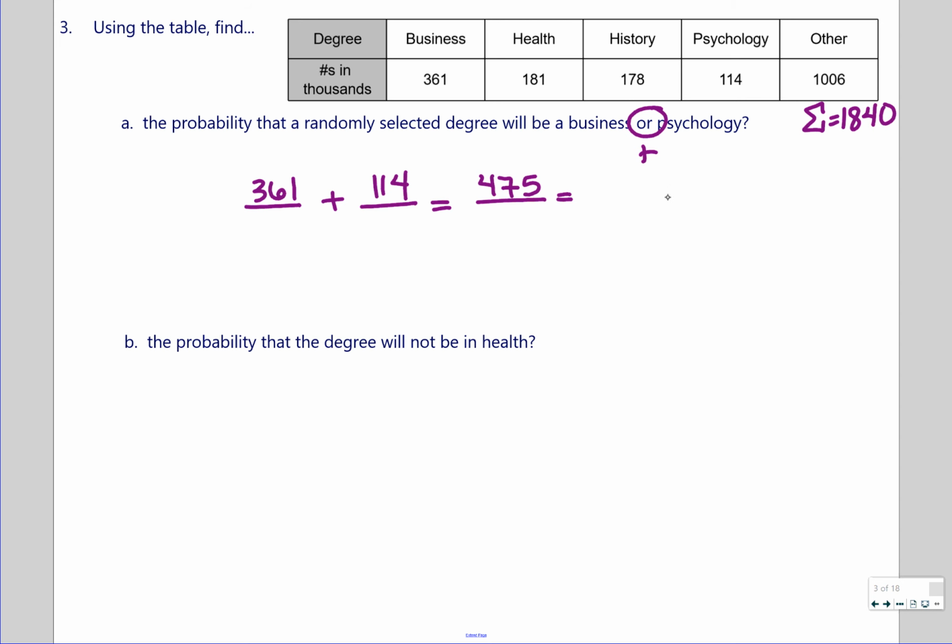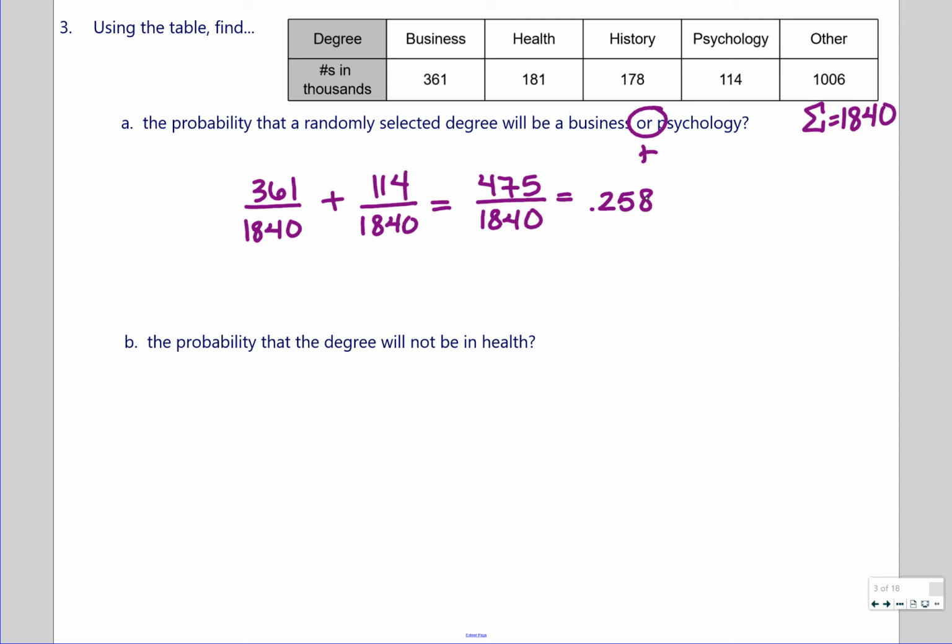It almost looked like it could add up to that. I guess it's a little small. All right. Change my denominator. There we go. 0.258. Okay.